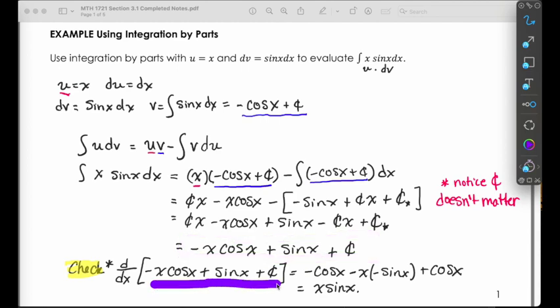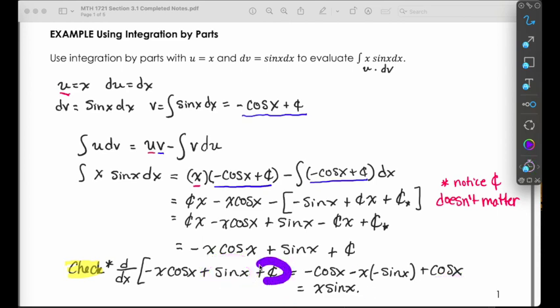So when I take the derivative of this, for this one here, I have to use the product rule. So if I take the derivative of negative x, that's negative 1 times cosine x, that's this. Then I'm going to multiply by negative x times the derivative of cosine x, which gives me minus x times minus sine x. And then the derivative of this is cosine x.